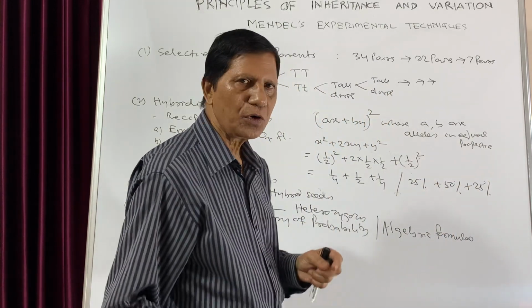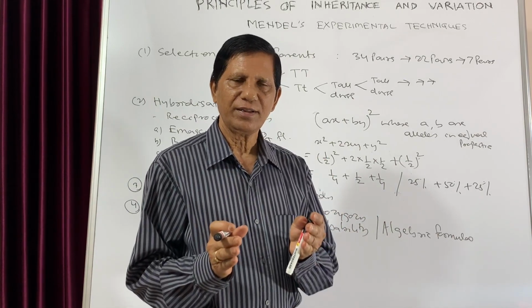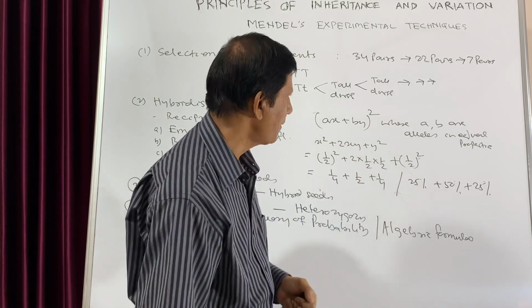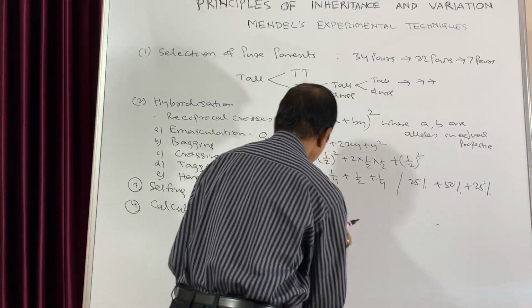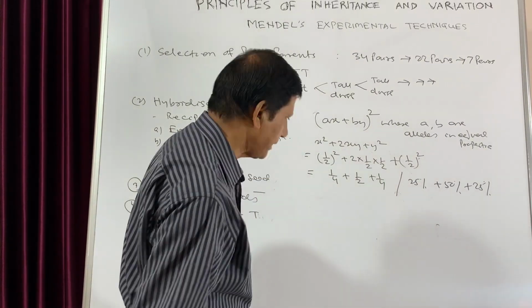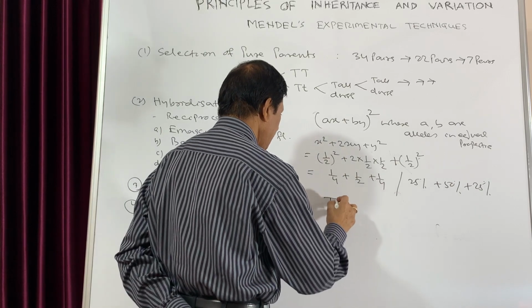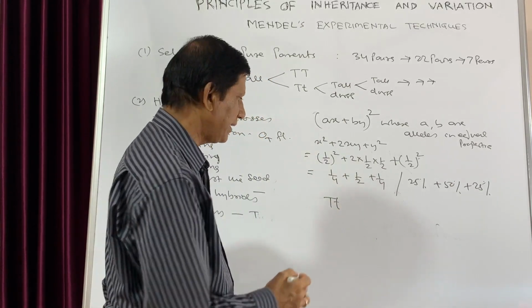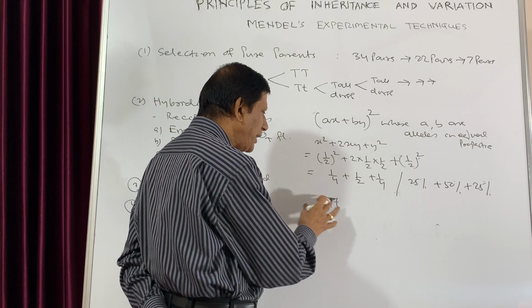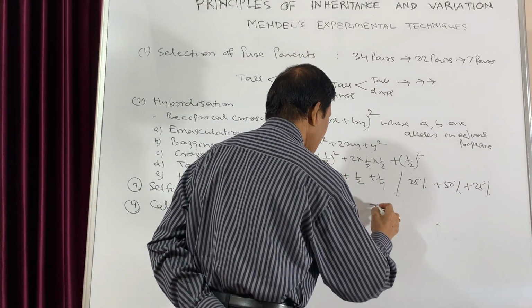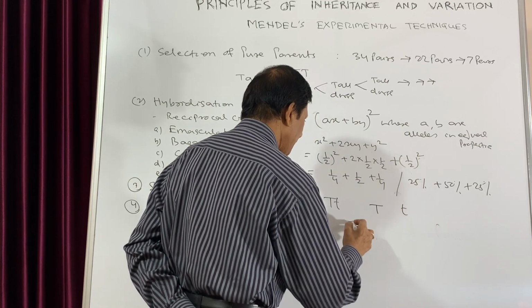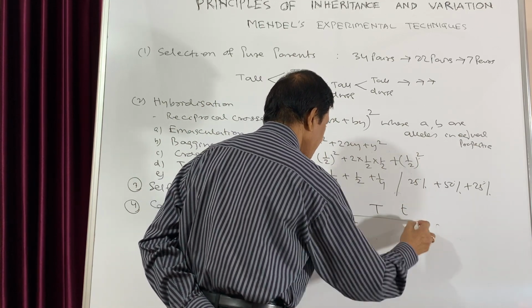Because when there are two alleles, they give rise to 3 types of plants. Suppose this is the heterozygous plant, and these are the 2 alleles. How many types of gametes will it give rise to? On the male side it will give rise to 2 types, and on the female side it will give rise to 2 types.